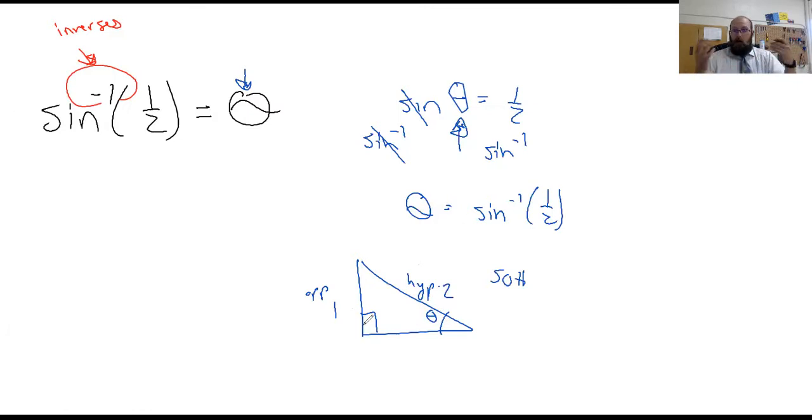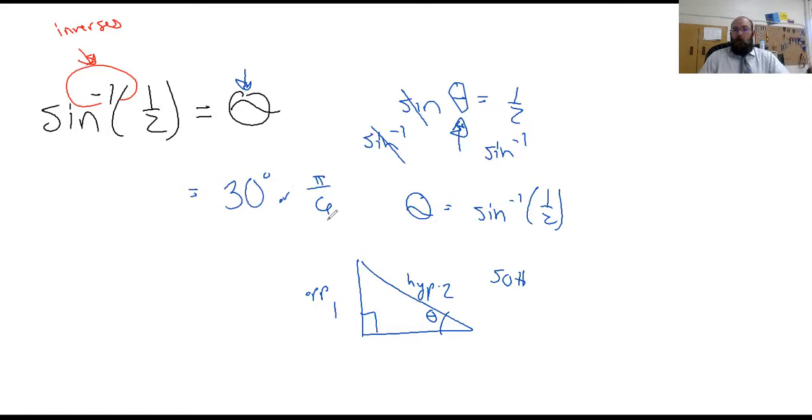I know that because of the special right triangles that we remembered, 30, 60, 90, and 45, 45, 90. So we know that this is going to be 30 degrees or pi over 6.